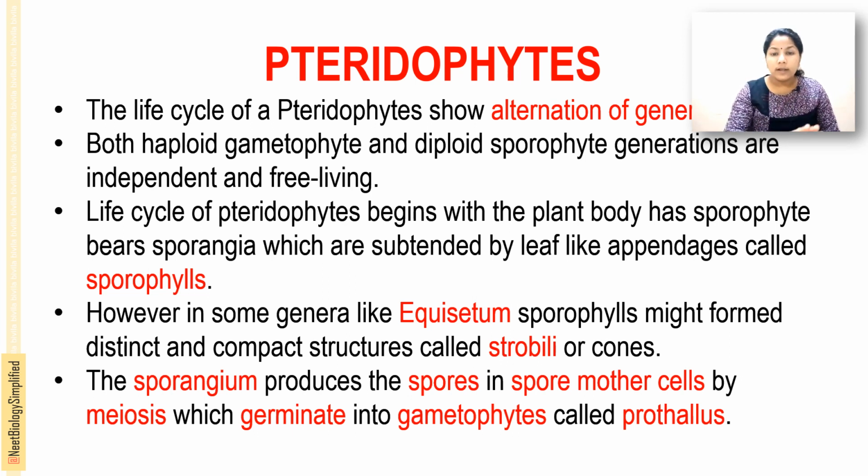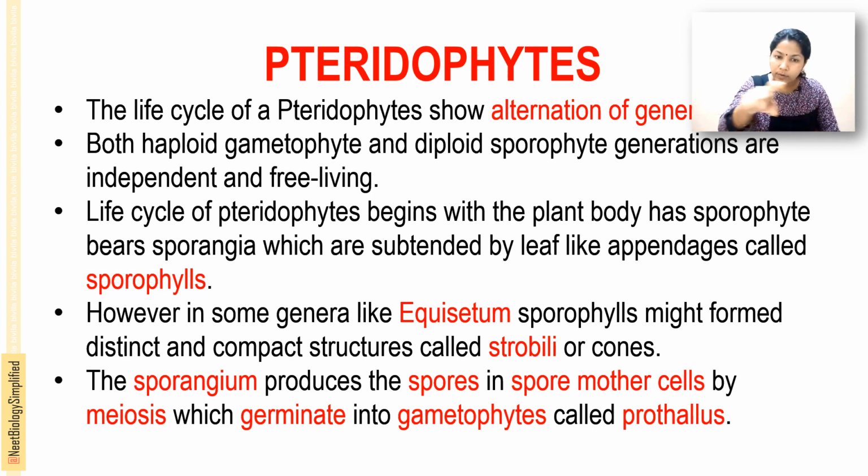That is called alternation of generation. Alternation means that if it is a haploid gametophyte, then it is followed by the diploid sporophyte. Again a haploid gametophyte, then a diploid sporophyte, that is one cycle.